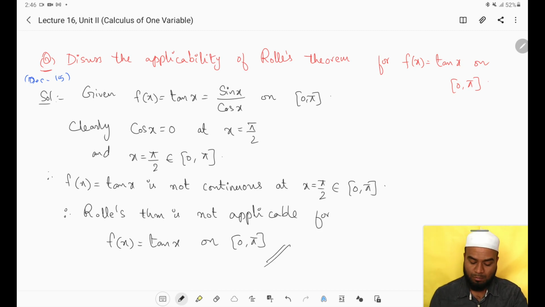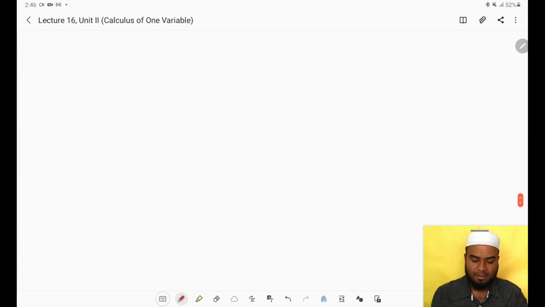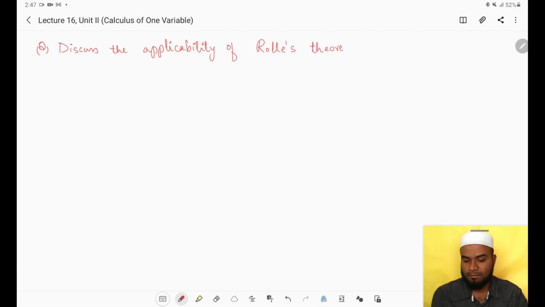We are going to see one more problem. So simple problems are there, 2 marks questions are there. These are 2 marks questions. Next question is, discuss the applicability of Rolle's theorem for f of x equals mod x.